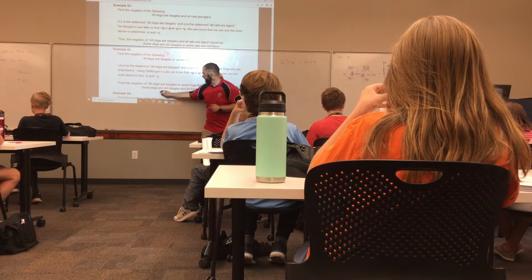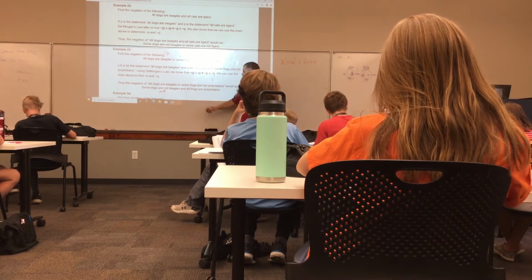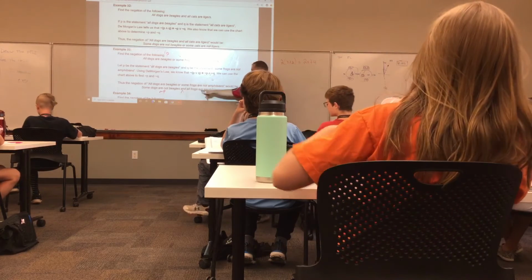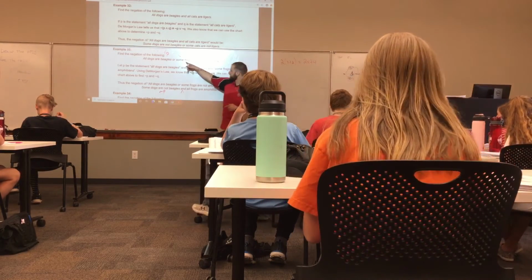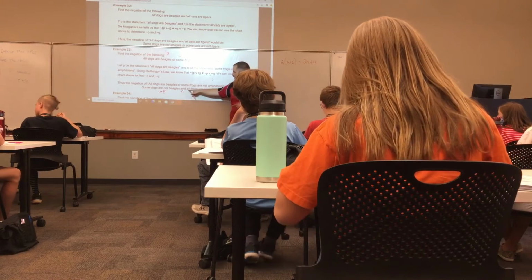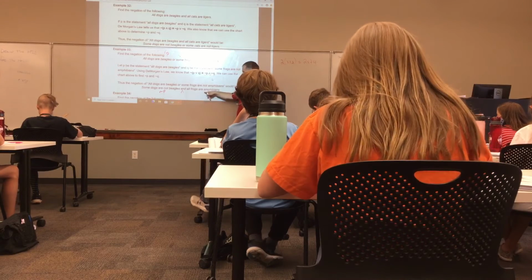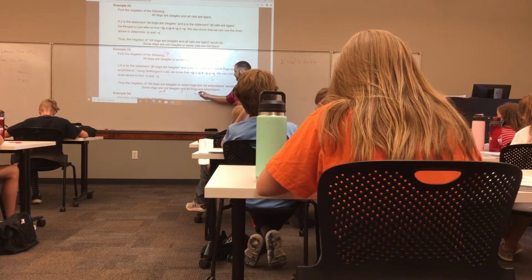So that's not P right here. And then and is right here. All frogs are amphibians, because it says some frogs are not amphibians. Notice all switches to some switches to all. Not goes away. All frogs are amphibians. That's your statement.